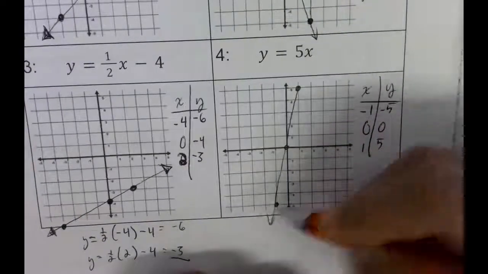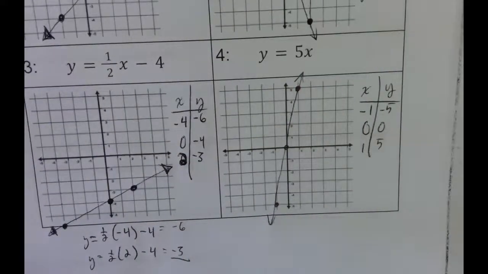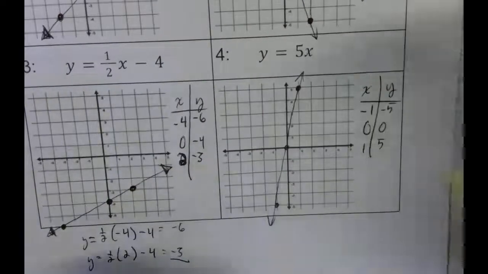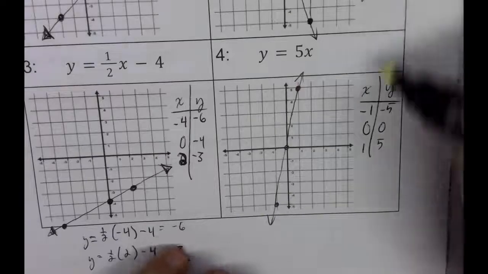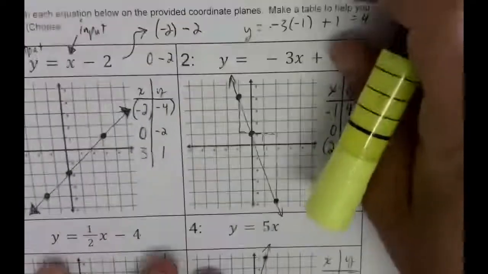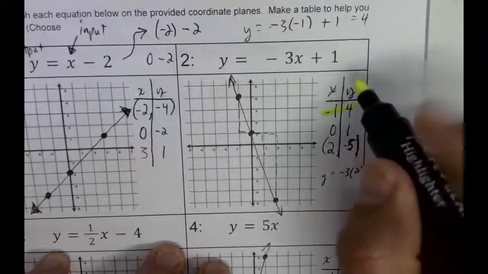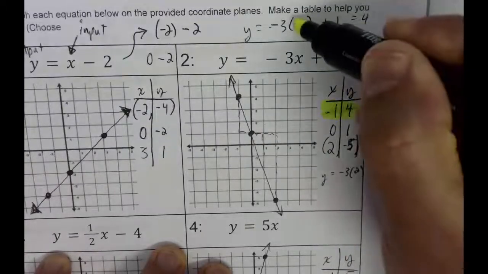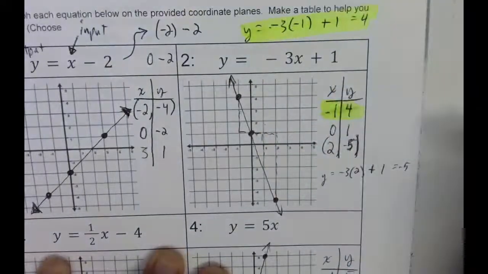And there it is. So again, let's make sure we see. All we have to do is make a table, choose some x values, substitute them in as inputs, and find the corresponding y values, which are the outputs. So if we go back up here to this particular example, let's say negative 1, 4 came from me substituting negative 1 in for x and evaluating, finding out what that equals, or solving it.